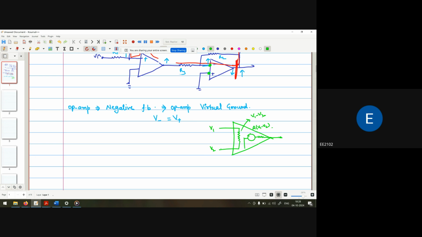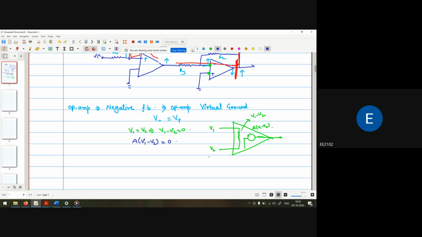If I assume V minus equals V plus, that means V1 equals V2, or V1 minus V2 is 0. Then the value of this source, either a voltage or a current source, which is A times (V1 minus V2), becomes 0.